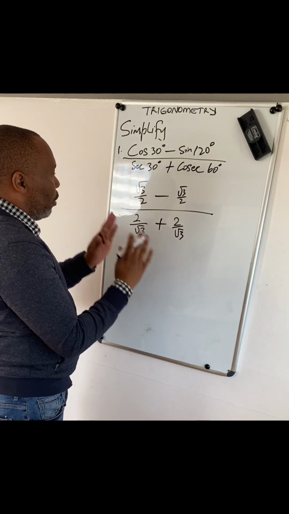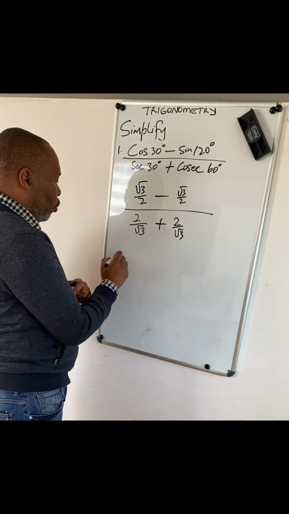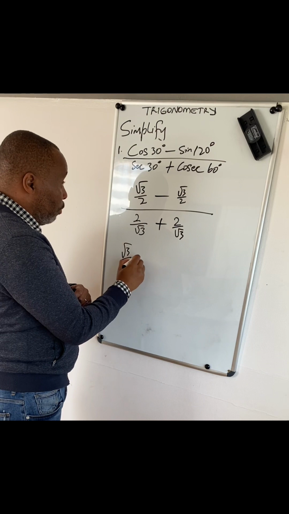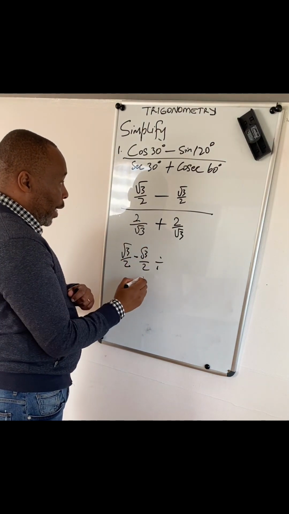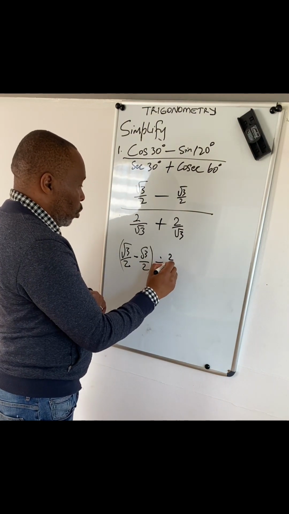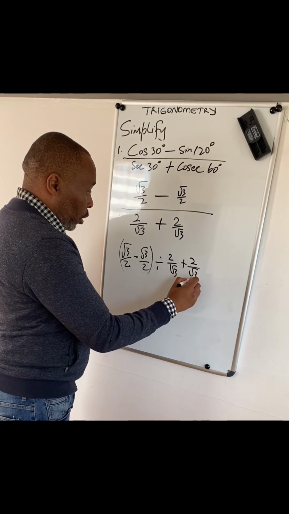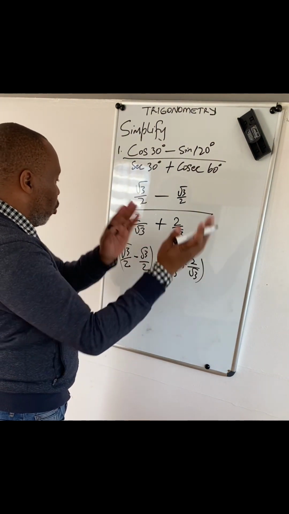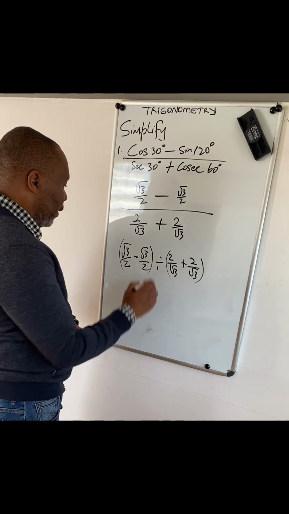So when I get here, so that I don't confuse myself, I separate the two. I say root 3 over 2 minus root 3 over 2, divided by, I might as well put this in brackets, 2 over root 3 plus 2 over root 3. Remember, it's addition here, so we can't just multiply or cross multiply. We've got to work this out appropriately.